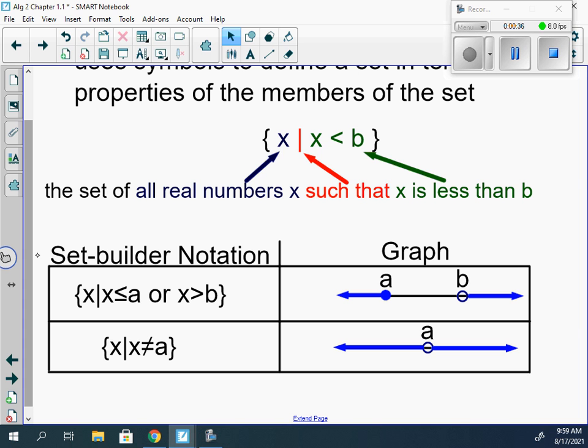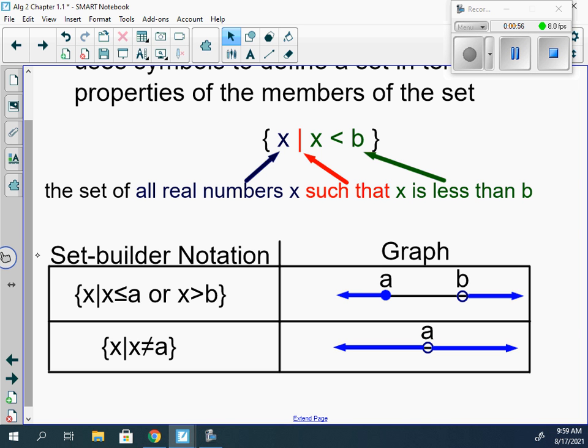As we saw yesterday, when we talk about, say, all of the odd whole numbers, we can't list them out. It would be hard to list them out. And that's what this here gives us, an easier way to write it.